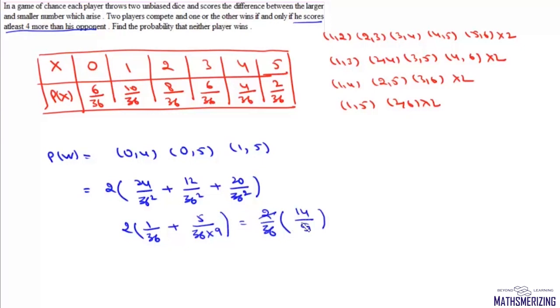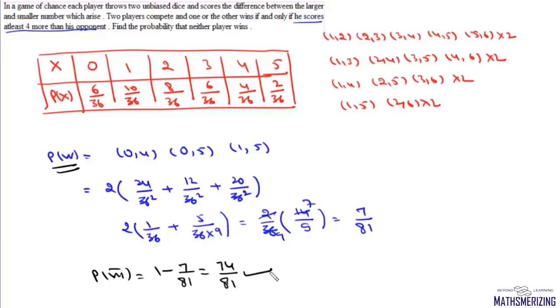Now this is 2 and this is 7 and this is 9. So it will be simply 7 by 81. Now we need to find the probability that neither of them wins the match. So this probability of W0 will be 1 minus 7 by 81, and that will be simply 74 by 81, and that is the answer to this question.